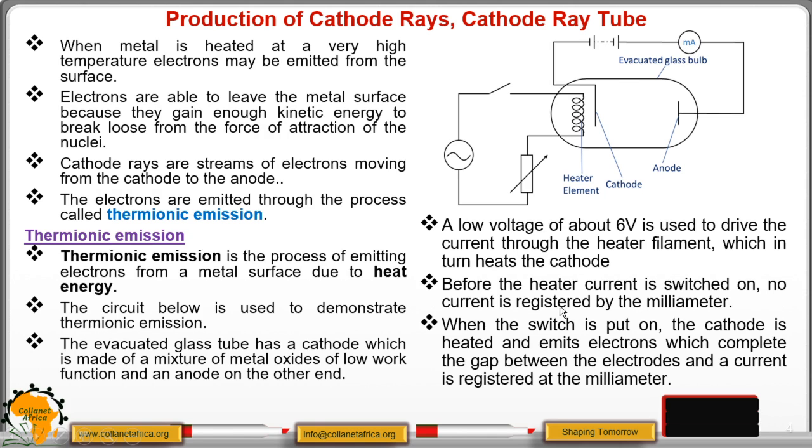What happens is that when the cathode is heated, it releases electrons. Those electrons are attracted by the anode, and as they move, they form what we call the cathode rays. As they move, they complete the gap between the electrodes, and therefore the circuit is complete, and that way the current will be flowing. That is why we are able to observe some current being registered in our milliammeter.